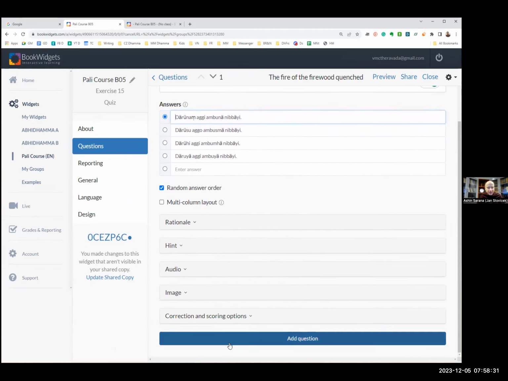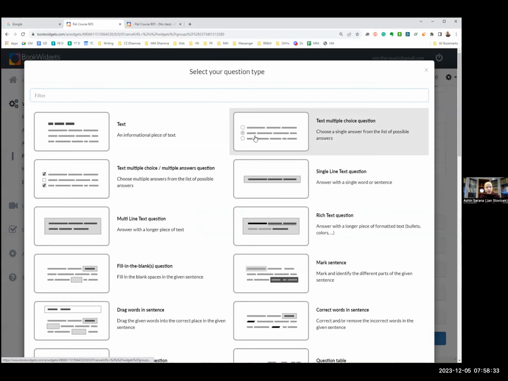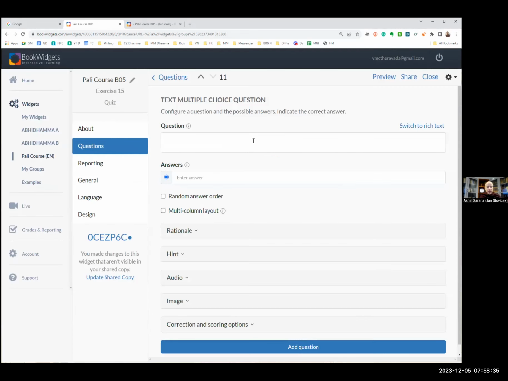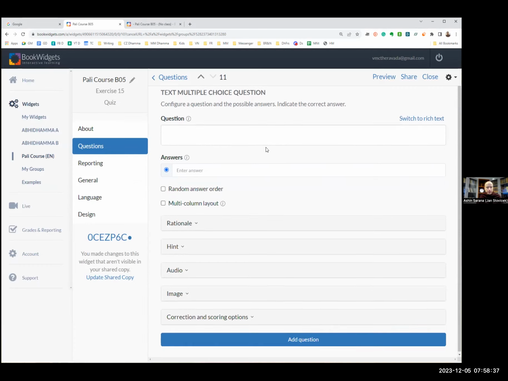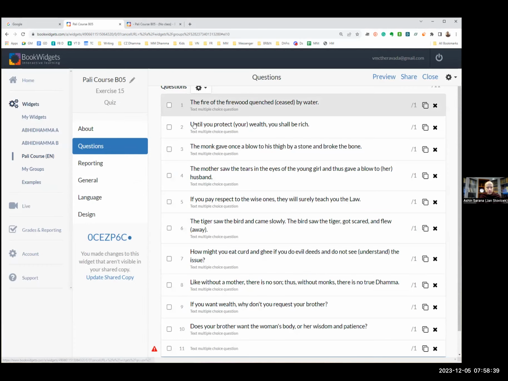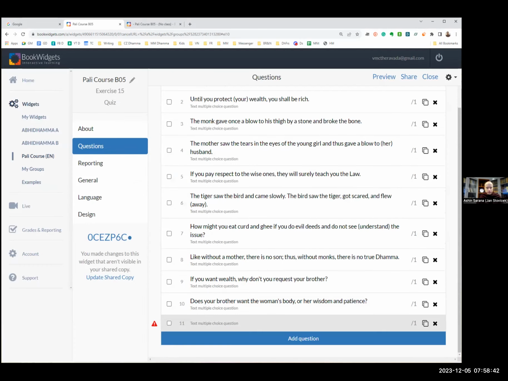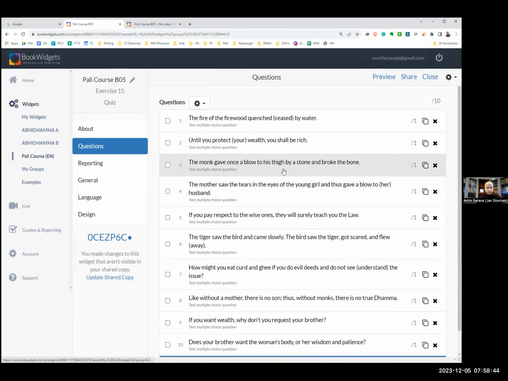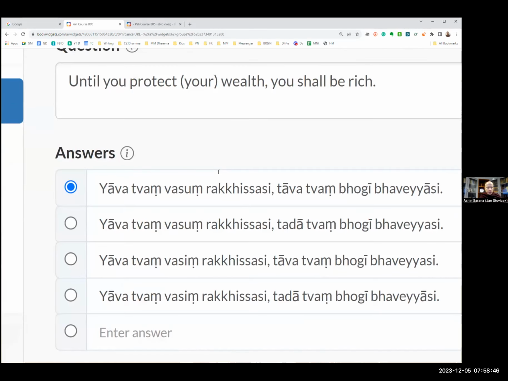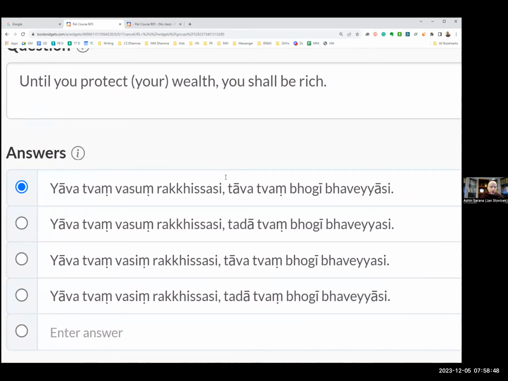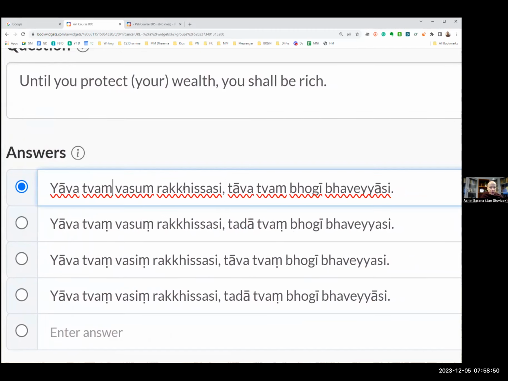All right. So let's look at the easier ones. Until you protect your wealth, you shall be rich. Yavatvang vasung rakkhissasi, tavatvang bhogi bhaveyyasi.